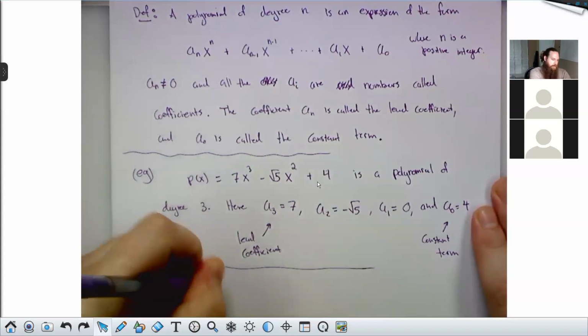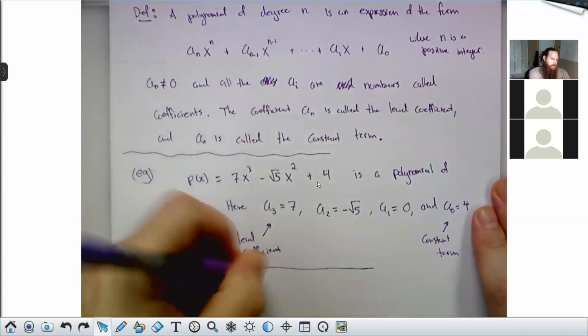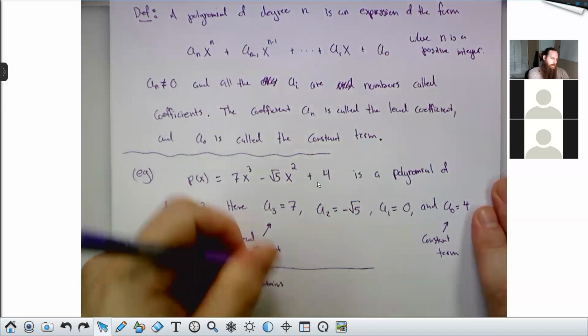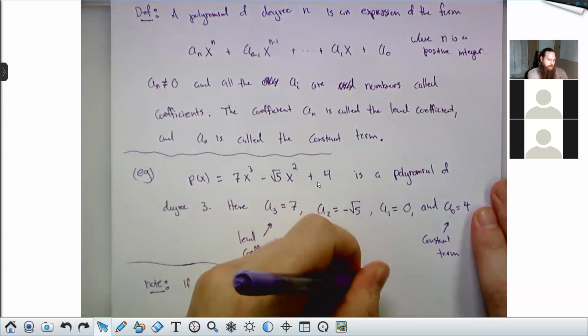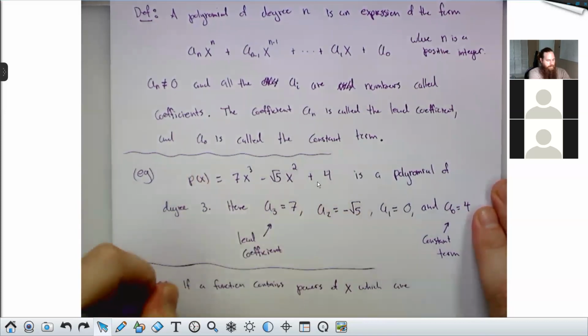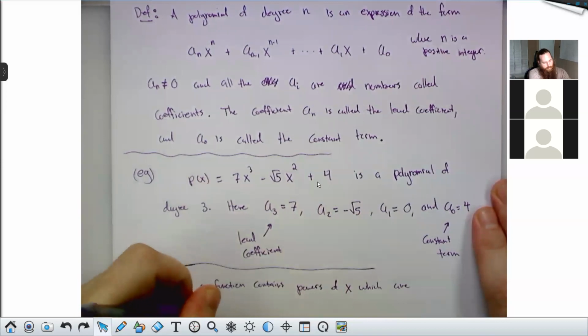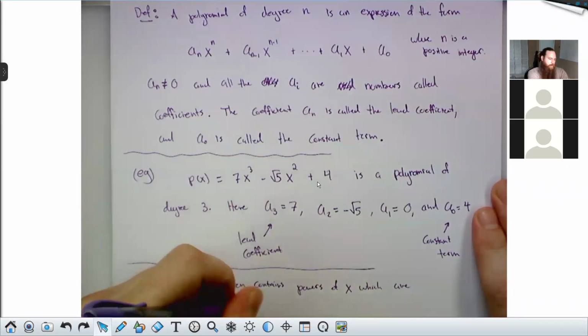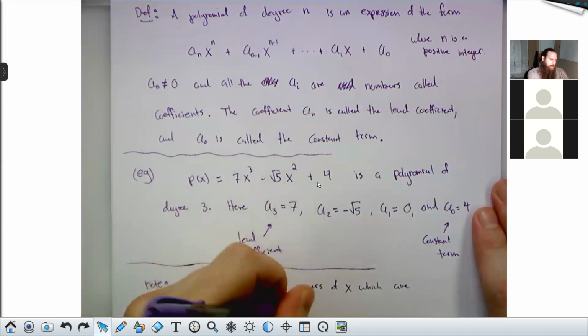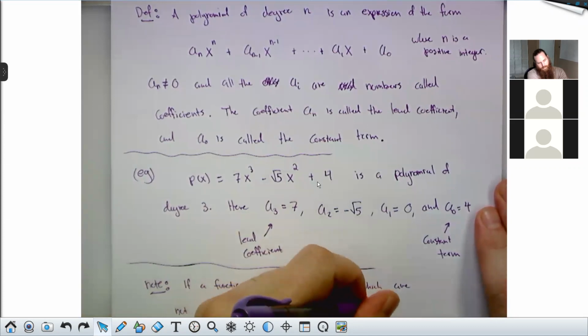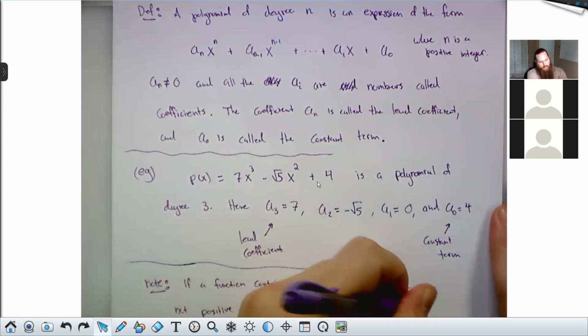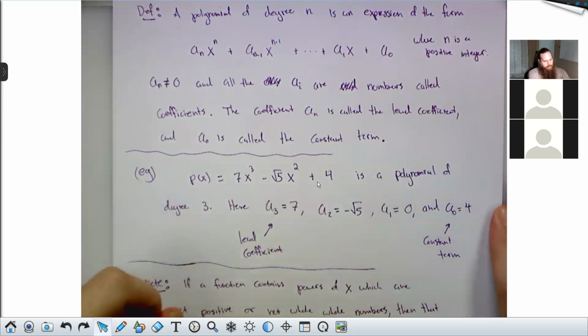If a function contains powers of x which are not positive or not whole numbers, not integers, then that function is not a polynomial.